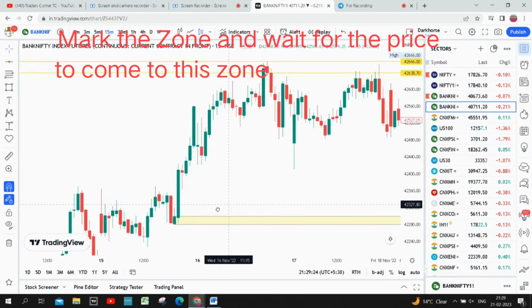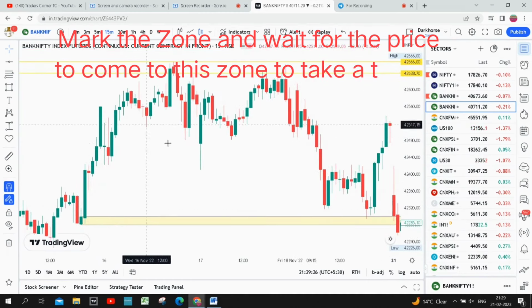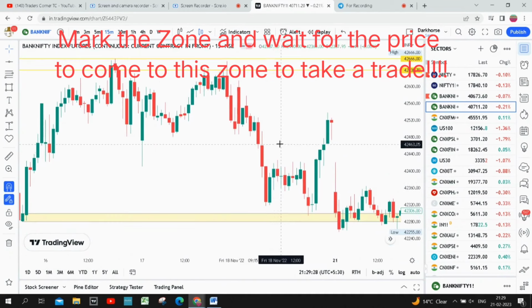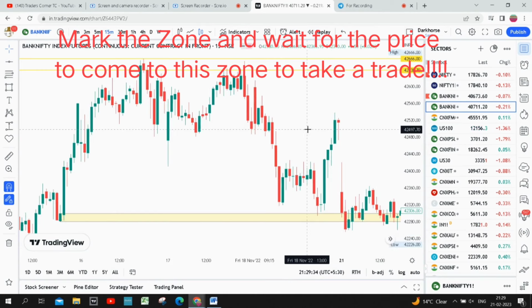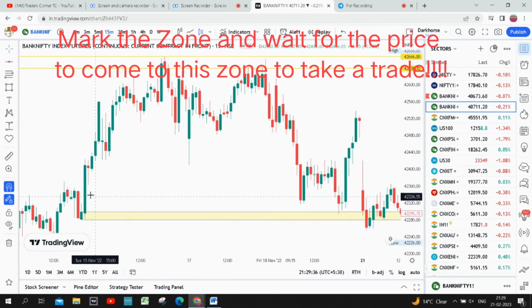So what has happened? Market went all the way up. Whenever the price came here, it touched on the first attempt only and went up. Why? Because this is a powerful green candle and there are a number of pending buy orders. So when the price came here, the pending orders executed and went all the way up.